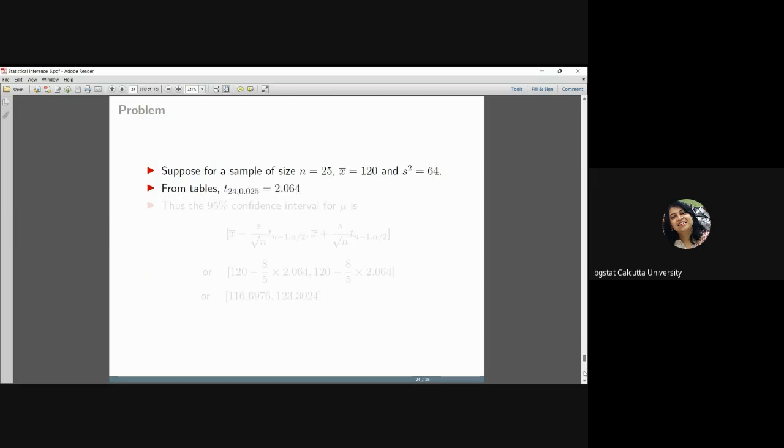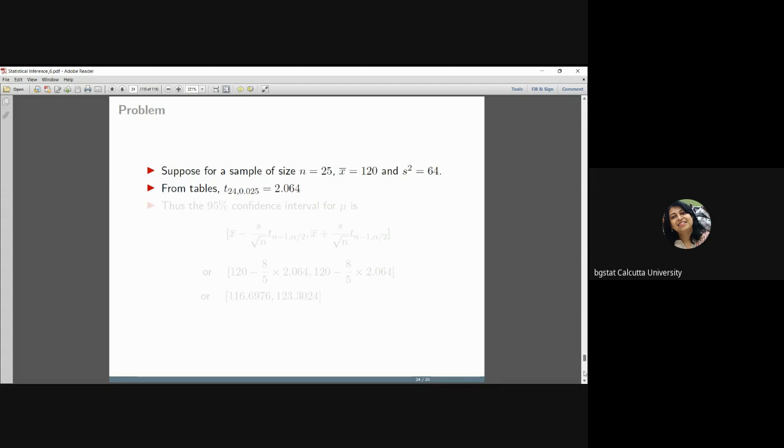So here is a problem. Suppose I have a sample of size 25. My x bar is 120. I don't know sigma square. I'm given s square equal to 64. To calculate the confidence interval, I need the critical value for t. Note that if I have a sample of size 25, my t will have n minus 1, which is 24 degrees of freedom.